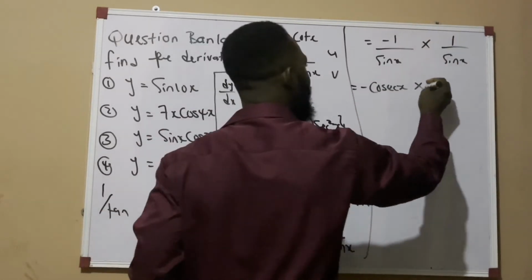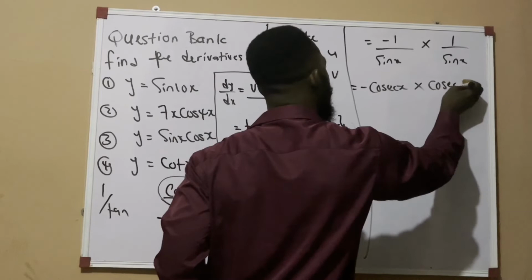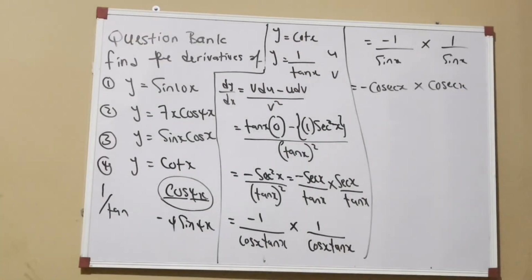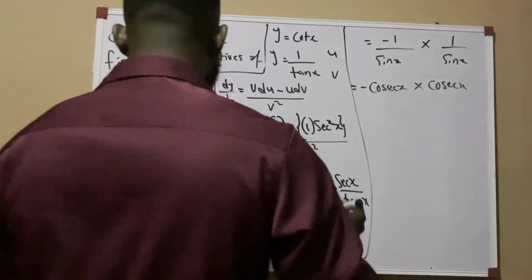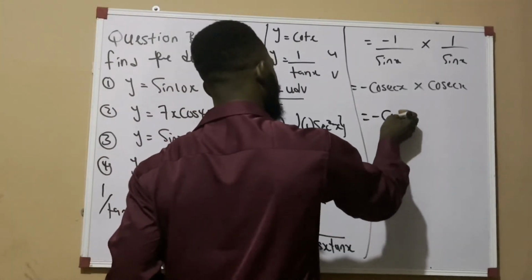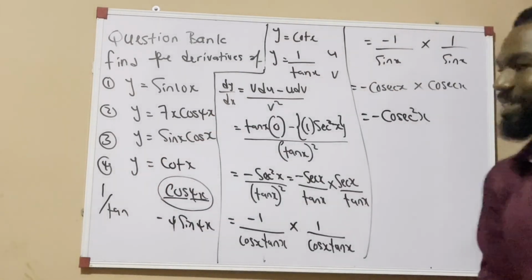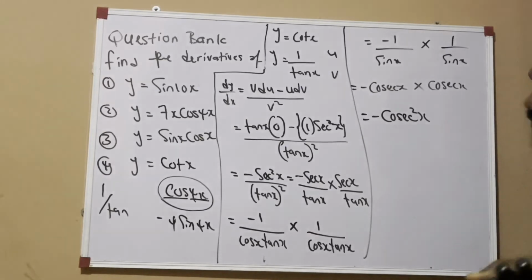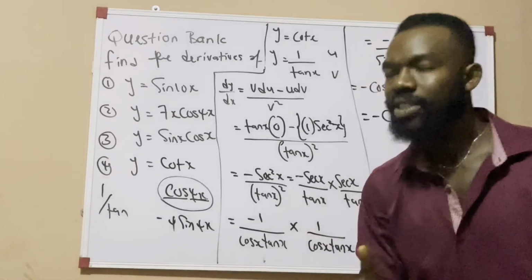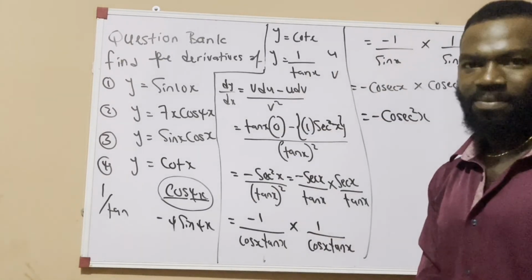Times 1 over sine x is just cosec x. And minus cosec x times cosec x will give us minus cosec square x. Class, this is the answer to the question when we differentiate cot x.